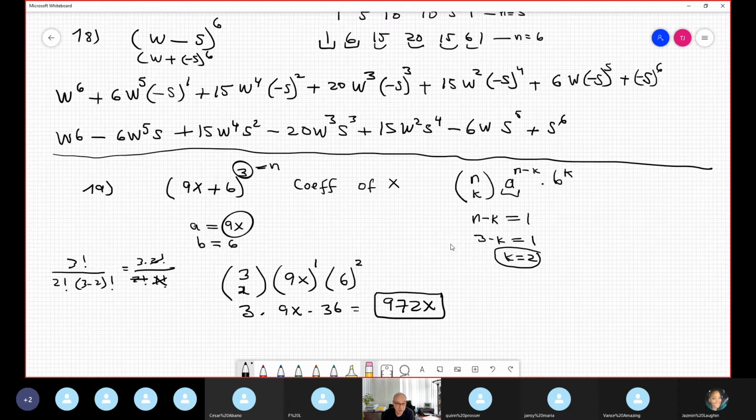If there is identification that A is 9x, the only one that has x, because the other is 6. It's because the exponent n minus 1 minus k is 1. So I recognize that k is 2. And the rest is just plugging in the formula of Newton. That's it.